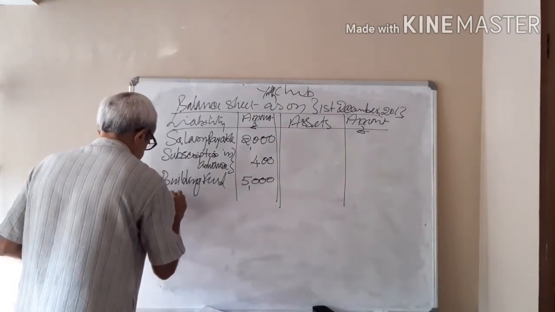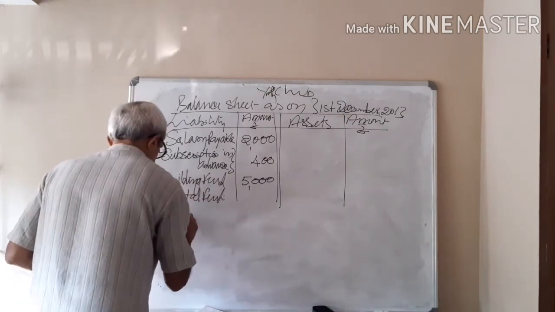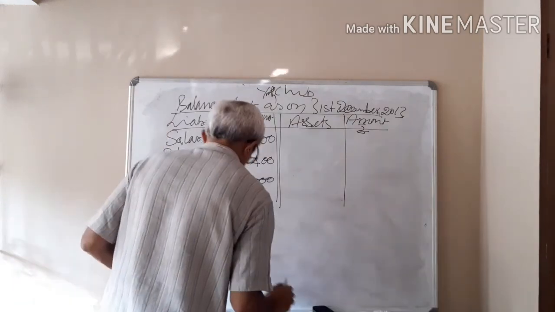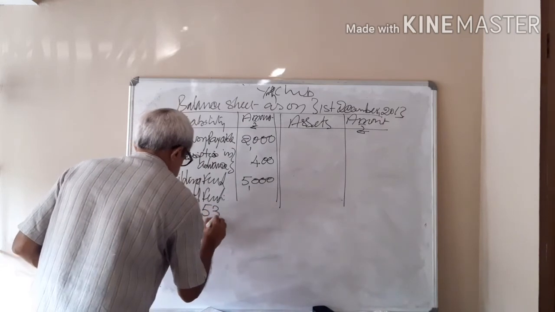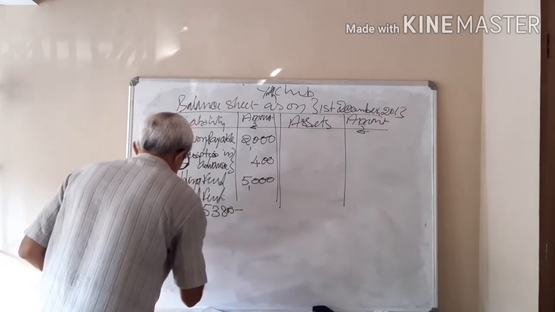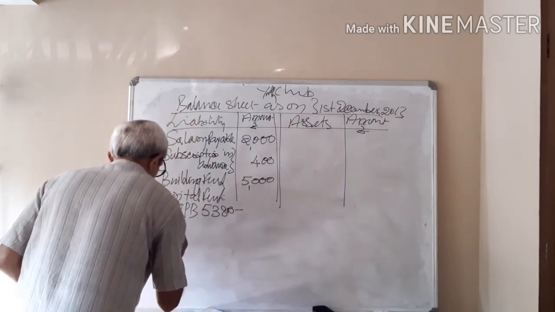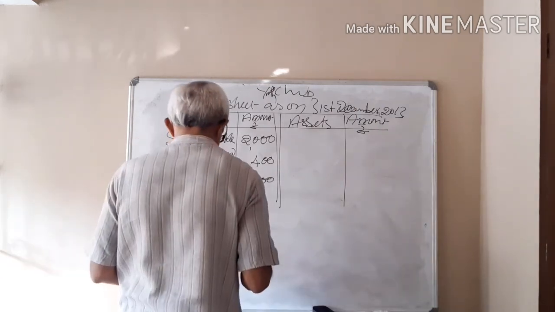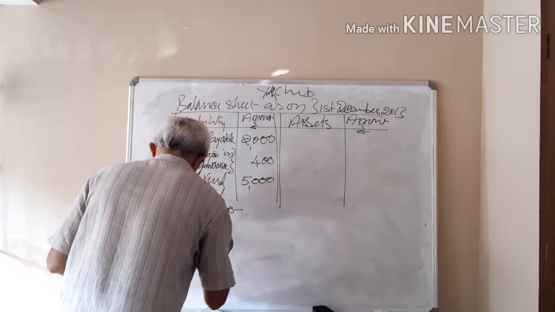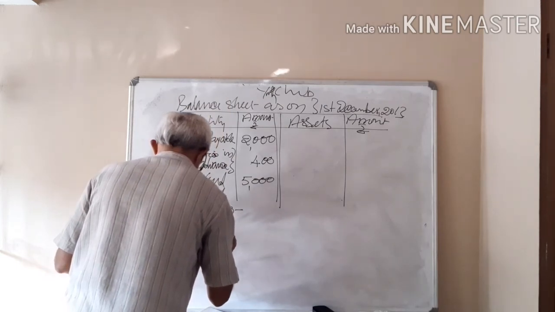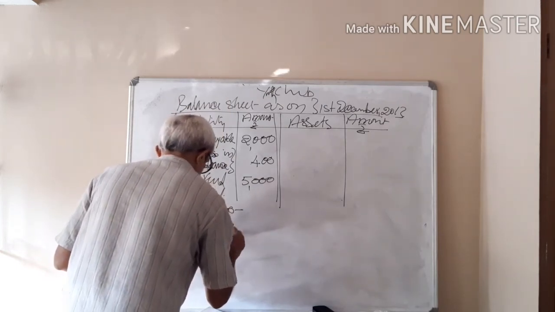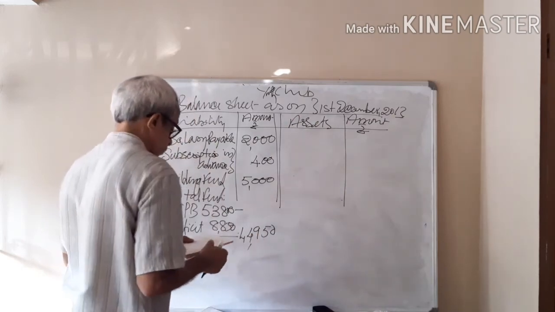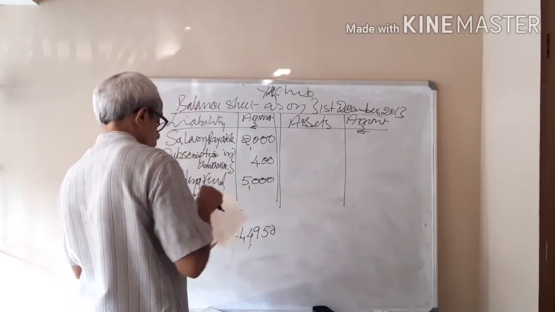Then we write capital opening balance, that is 53,800 minus, that is less deficit. Deficit is 8,850, 44,050.